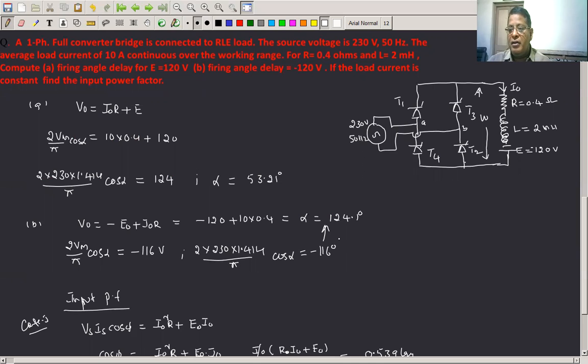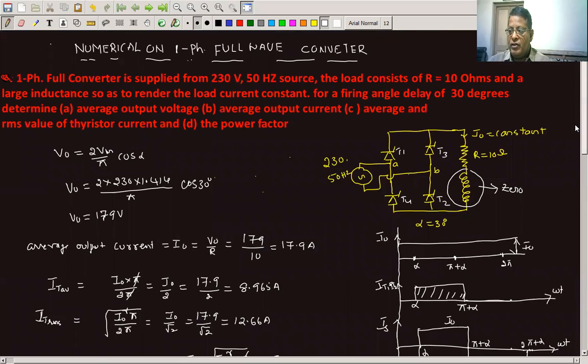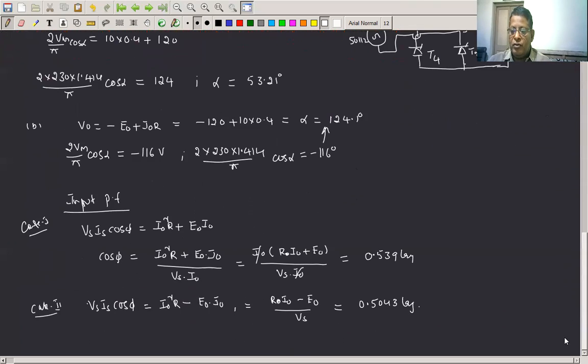In the same manner, we calculated the power factor of the converter during the rectifier mode as well as the inverter mode. Also, by equating the input power and output power, we got two different values, during the rectifier mode as well as during the inverter mode.